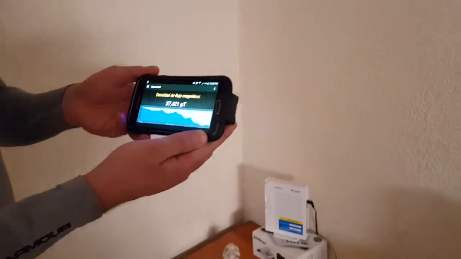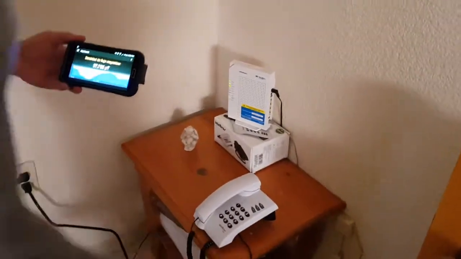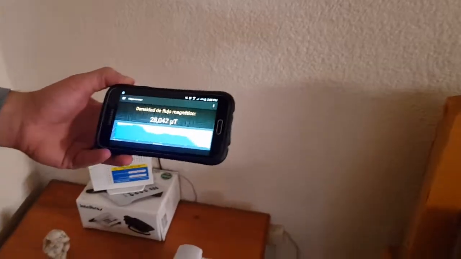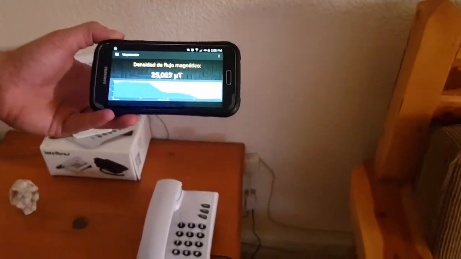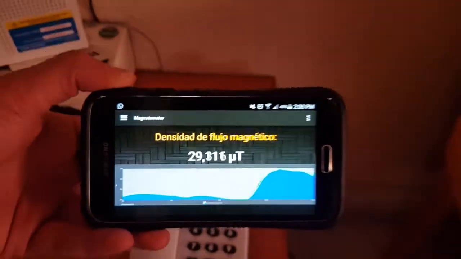Now we're gonna try to measure the funnel. Okay, this is really interesting.